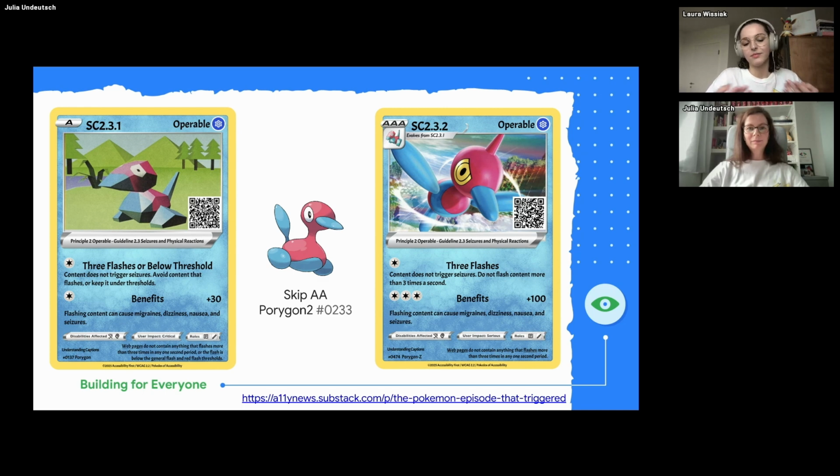And then, since this specific success criteria goes from A to AAA, we skipped Porygon 2. Sorry about that. And went straight to the AAA evolution, which obviously has plus 102 benefits, because we do not want people to get a seizure if they consume our content.